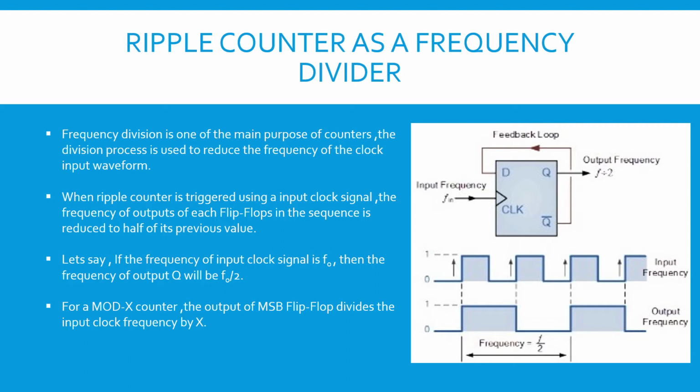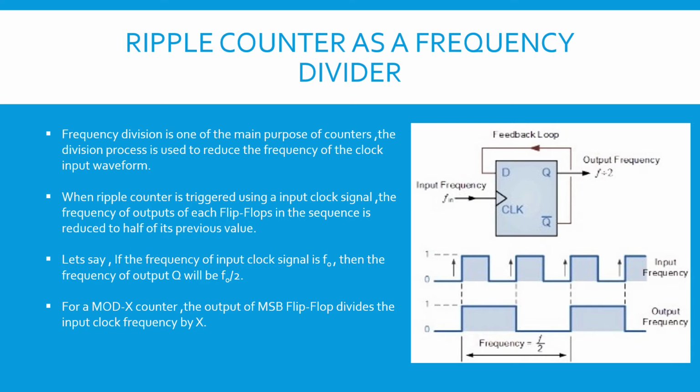Let's say the frequency of the input clock signal fed to the first flip-flop is f0, then the frequency of output Q for the first flip-flop will be f0 by 2. In this way, if we have n flip-flops connected in sequence, then for the last flip-flop the frequency will be f0 by 2^n.